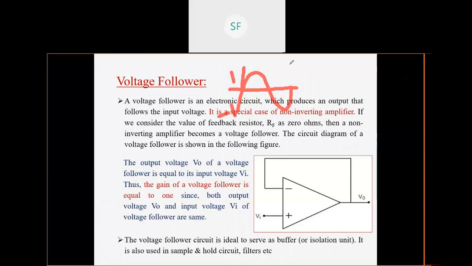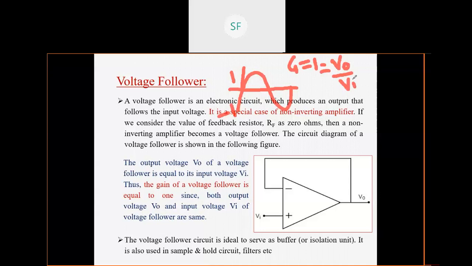Now the second case is, after RF becomes 0, your gain becomes equal to 1. Just now we have seen. So what is the meaning of gain equals to 1? We know that gain is nothing but output voltage divided by input voltage, right?